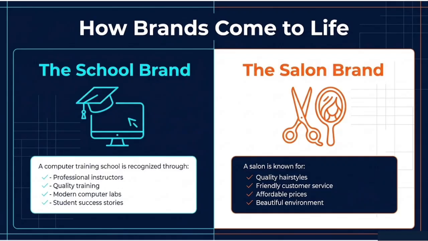And then above everything, a computer training school can be recognized and remembered for having student success stories. If a student goes through training in a computer training school, and that student becomes successful after completing the course, maybe gets a job somewhere and is able to utilize the skills and knowledge he or she gained from the school.